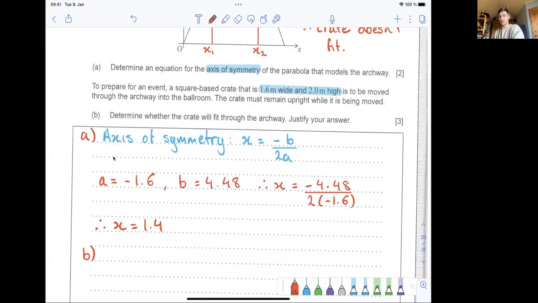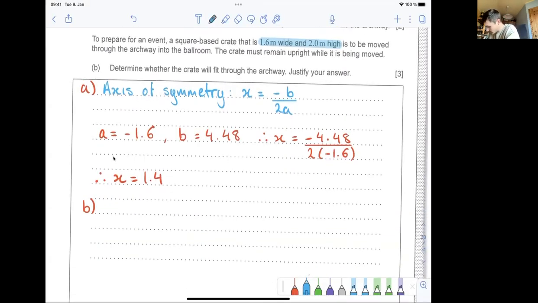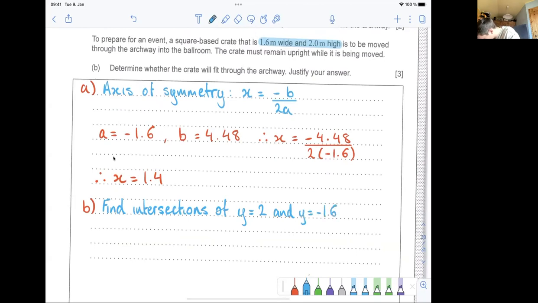All right, so if we come back to the pad, I'll write this in. So find the x intersections of y equals 2 and y is equal to negative 1.6 x squared plus 4.48 x.